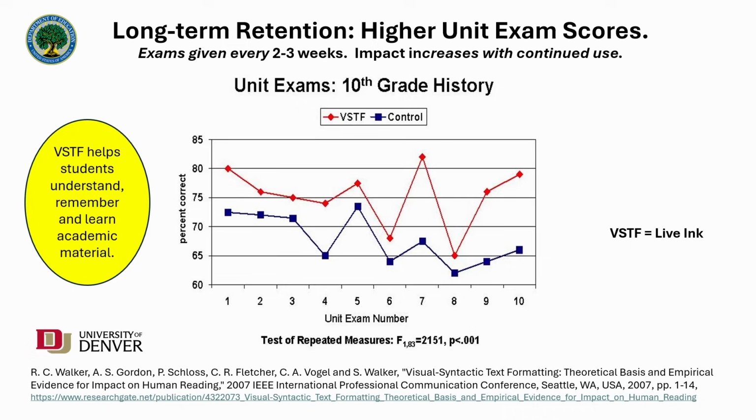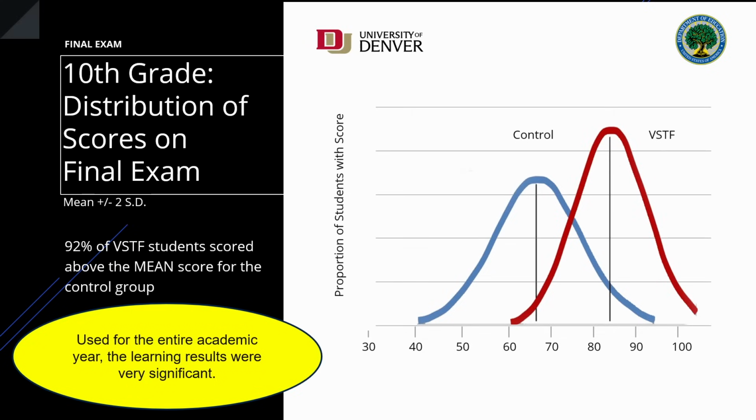This graph shows the unit exams that were given every 2 or 3 weeks across the academic year in the 10th grade that was studied. Over the course of the entire academic year, the learning results became very significant, with those in the VSTF group scoring a standard deviation higher than the students in the control group.